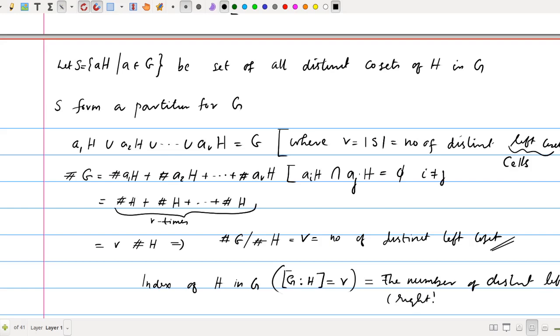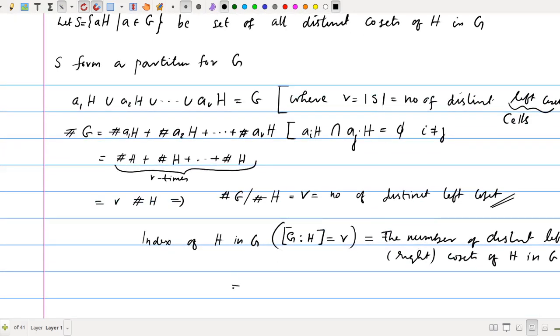You can replace left by right cosets of H in G. In the case of finite groups, it is obtained by the formula cardinality of G divided by cardinality of H. So this proves the theorem of Lagrange.